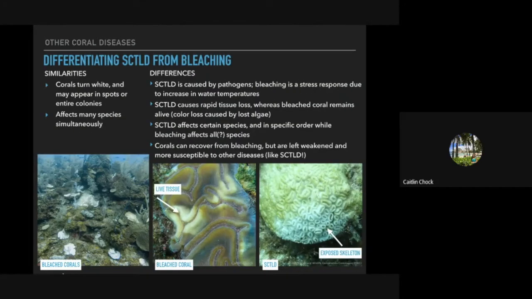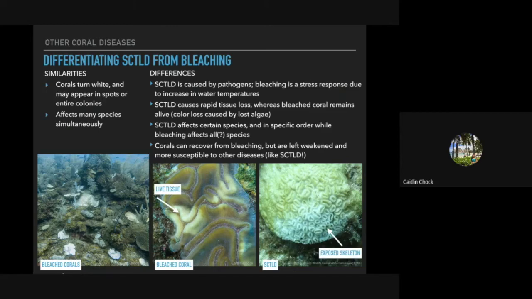So another common condition we see here in Utila is coral bleaching. So it's not a disease, and you guys probably know a bit about it already. Some similarities are that corals turn white and may appear in spots or entire colonies and affects many species simultaneously.